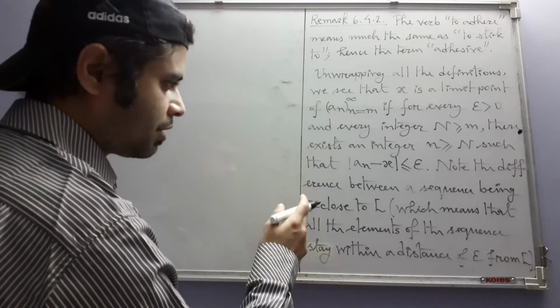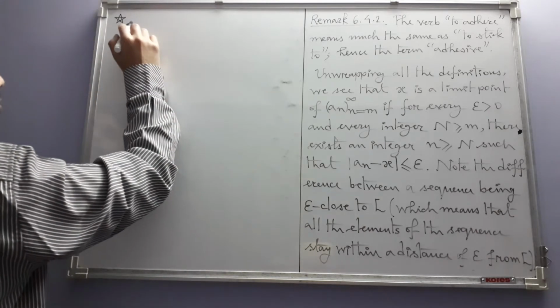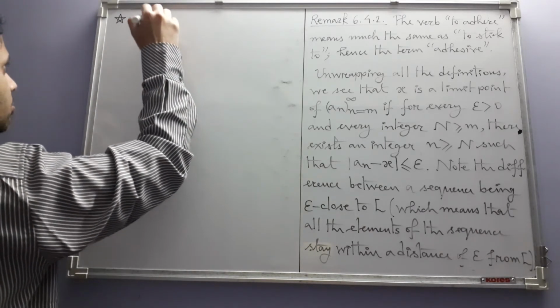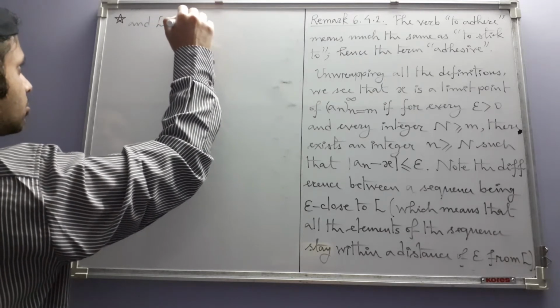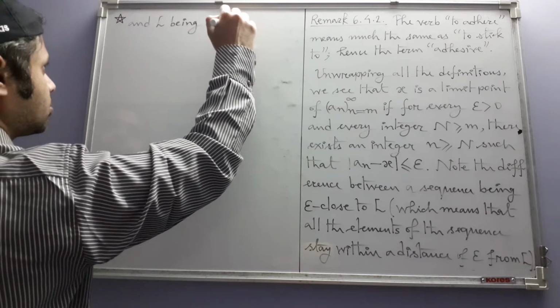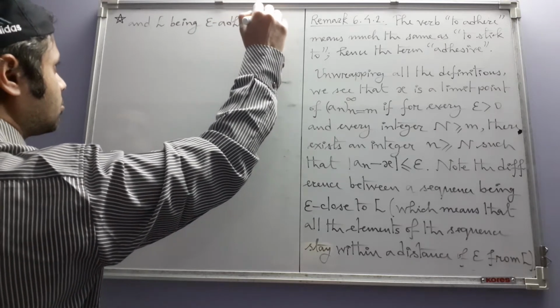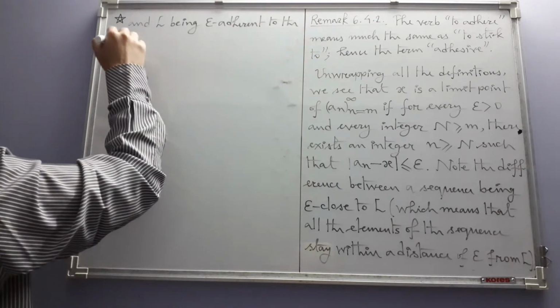So note the difference between a sequence being epsilon close to L and L being epsilon adherent to the sequence.